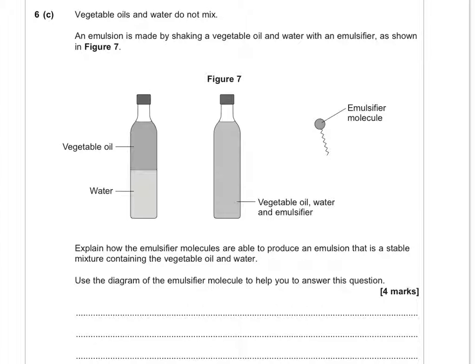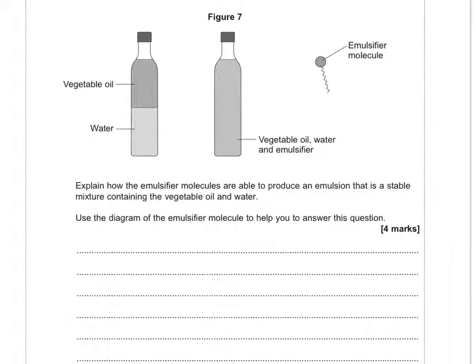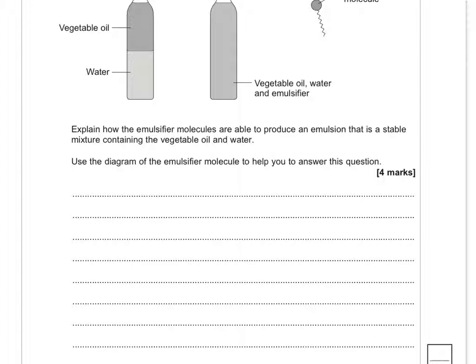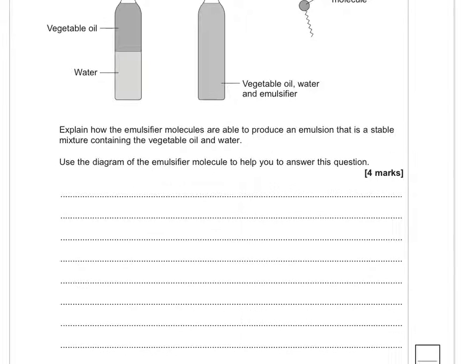Use the diagram of the emulsifier molecule to help you answer this question. Okay, so they've been really good here because they've given you the molecule. So what we will do is we will draw it out. So I'm going to do the head of the emulsifier and then the tail of the emulsifier.